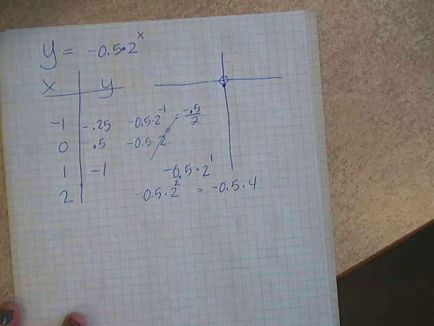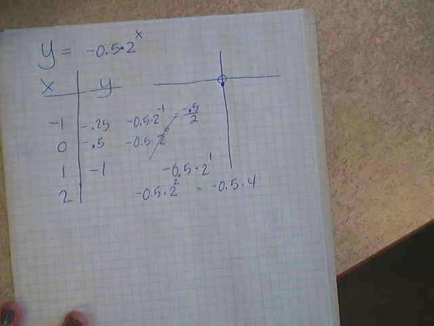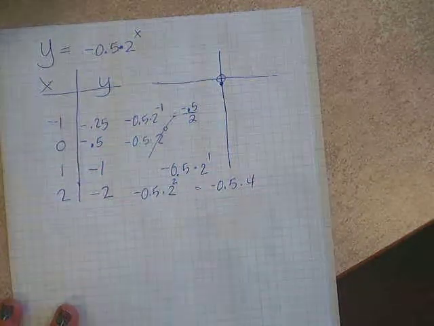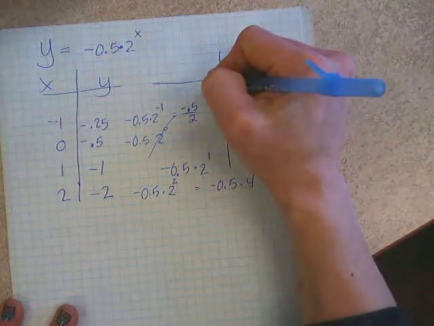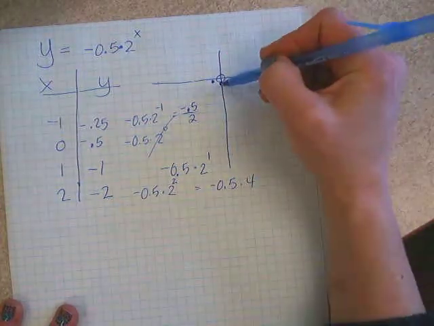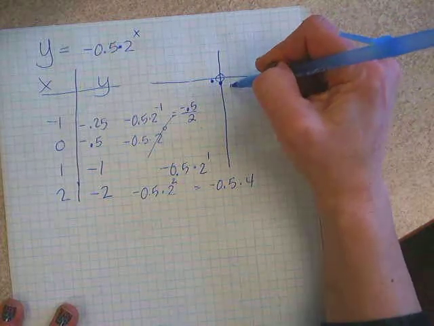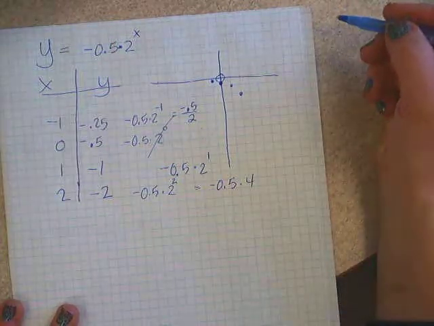Negative 1 is not very far from the x-axis. So let's put in 2. So negative 0.5 times 2 squared is negative 0.5 times 4, which should be negative 2. Yes?